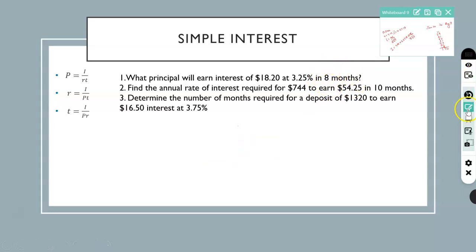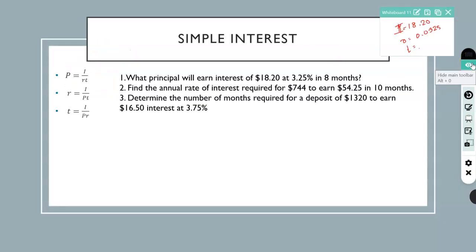So I is 18.20, and R is 3.25%, which is 0.0325, and then time.